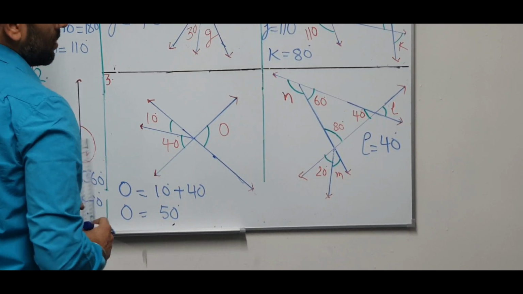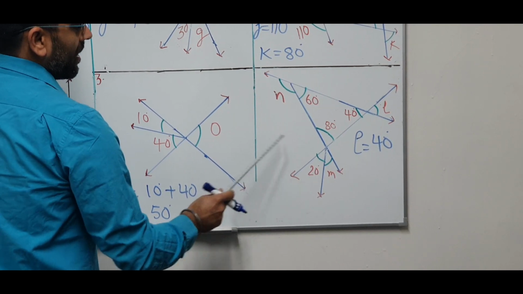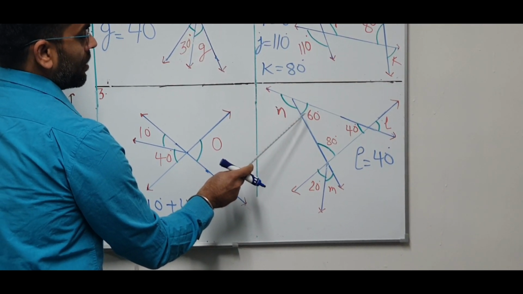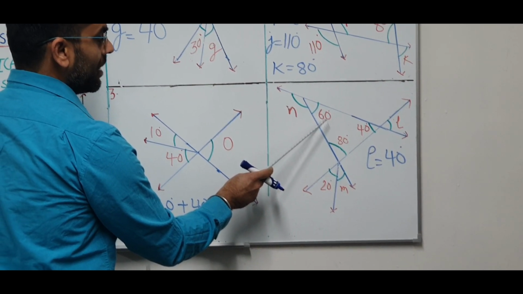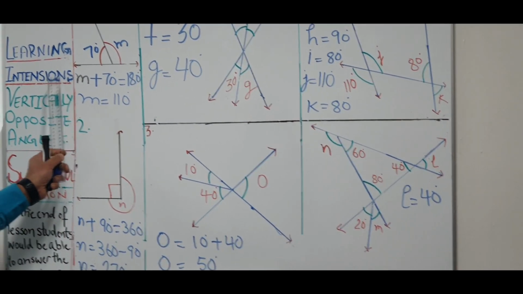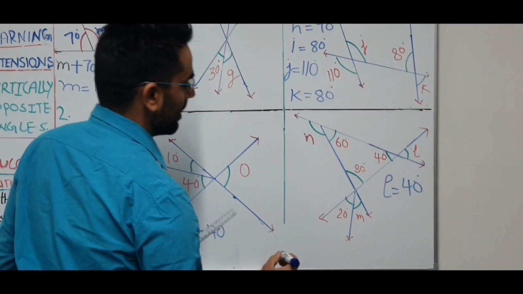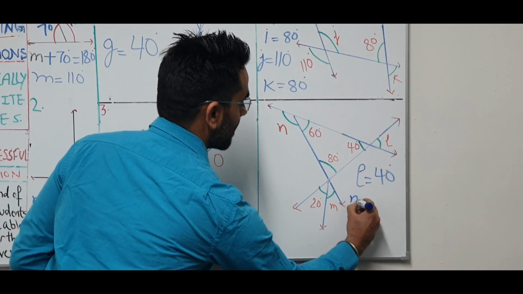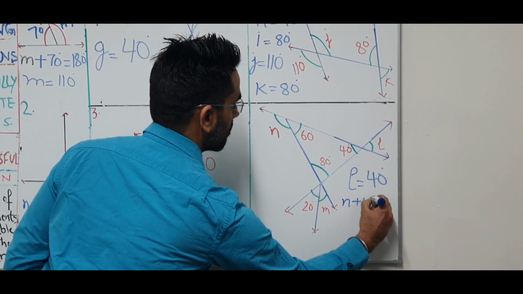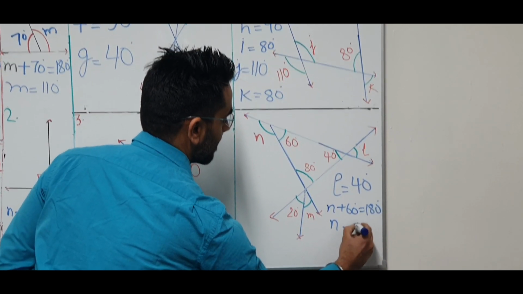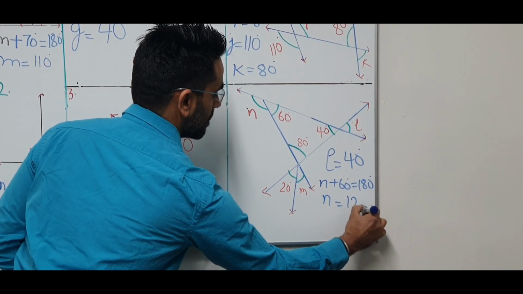Now N is on a straight line with 60 degrees, and we learned angles on a straight line add to 180. So I'm going to write here N plus 60 is equal to 180. That means N is equal to 120.